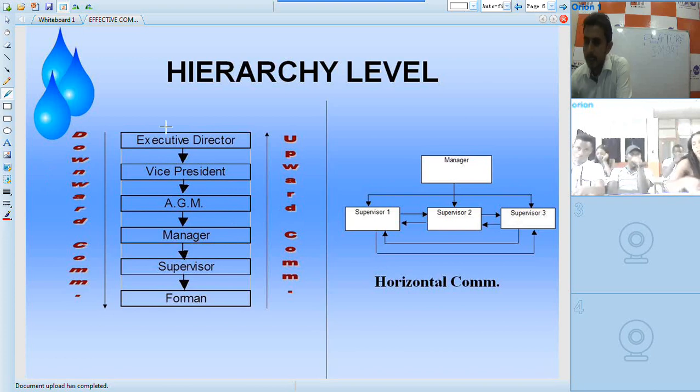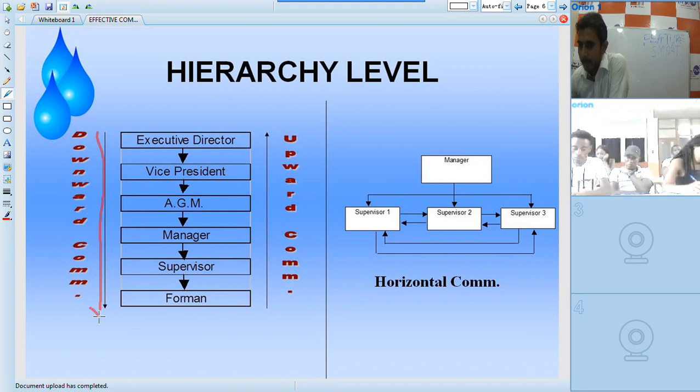You can see in this chart the downward communication and the upward communication. In downward communication, the communication comes from the upper to the lower level: from the executive director to the vice president, to the AGM, to the manager, supervisor, then to the foreman. It is the opposite in the case of upward communication.